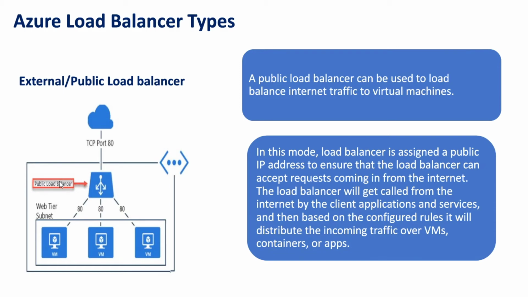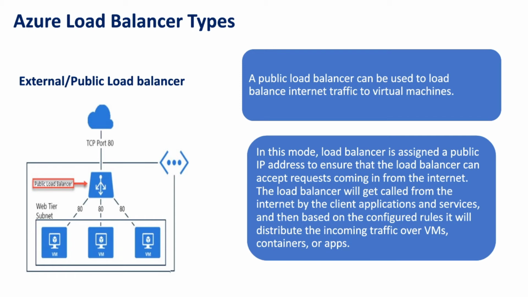On this public IP address we are getting the request, and with the help of Azure Load Balancer we are distributing this request to the set of virtual machines based on the rules which we will define. In this mode, the load balancer is assigned a public IP address to ensure that it can accept requests coming in from the internet.